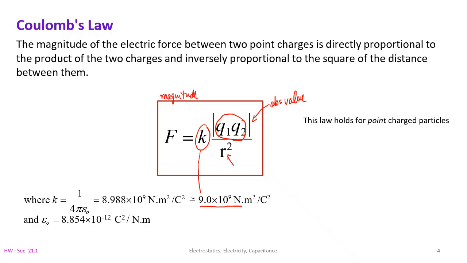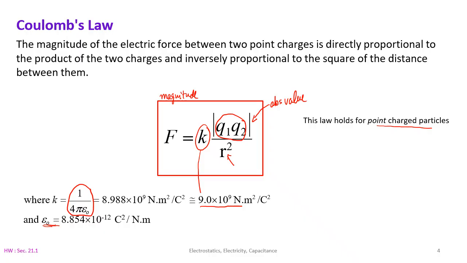Now, k can also be written as 1 over 4 pi epsilon naught. And epsilon naught is known as the vacuum permittivity. It's a very important physical constant of our universe. So we've got a lovely expression that gives us the magnitude of the force between point charged particles.